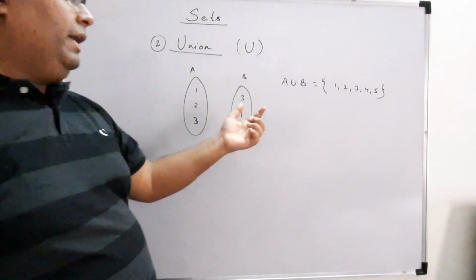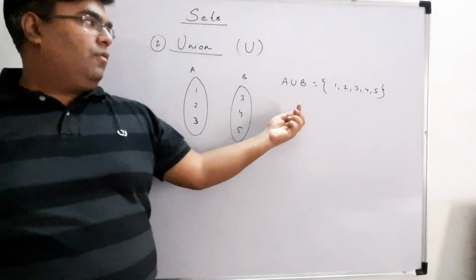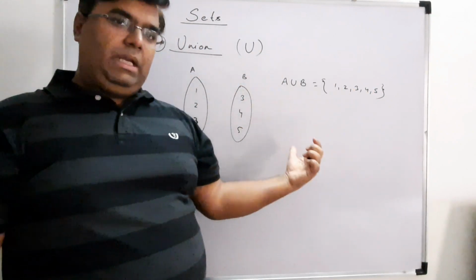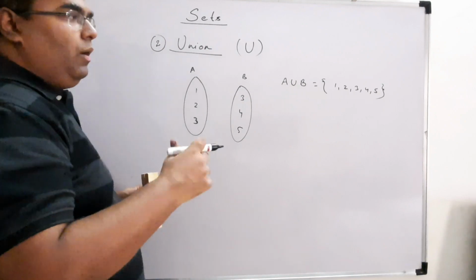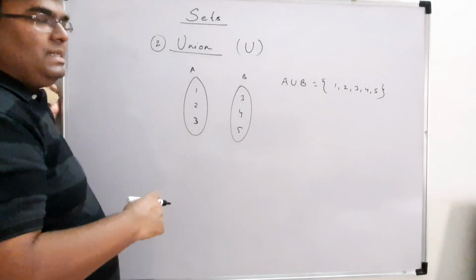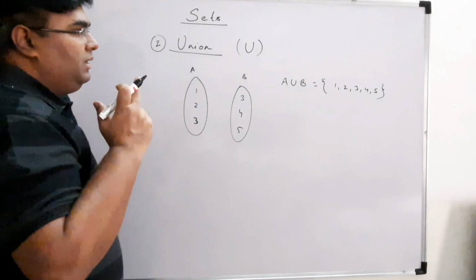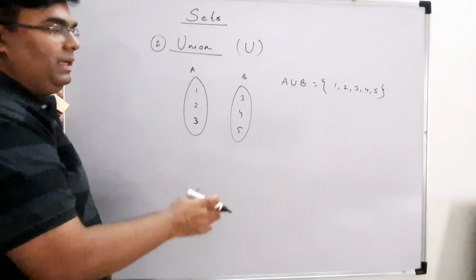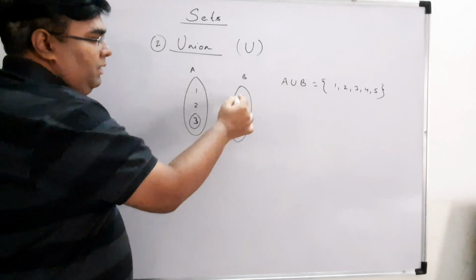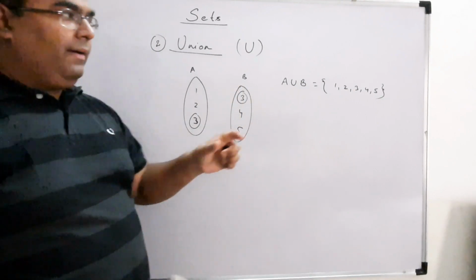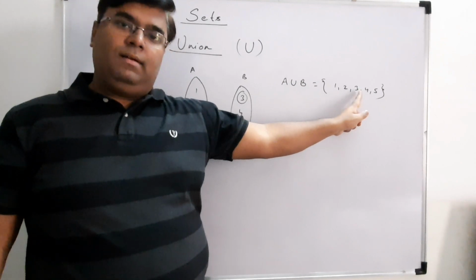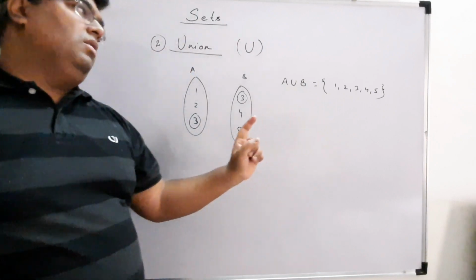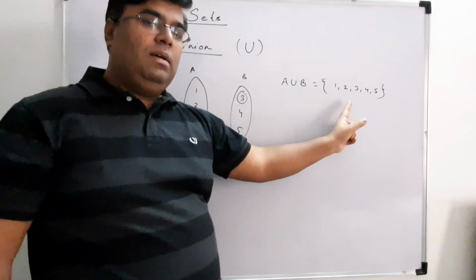So basically A union B is a set of all the elements which are there in A or in B. This is also known as A or B. Intersection you can say A and B, whereas in union you will get A or B. The common element was 3, and I have written it only once. Whatever the common elements are, they will come only once. We cannot repeat the elements in a set.